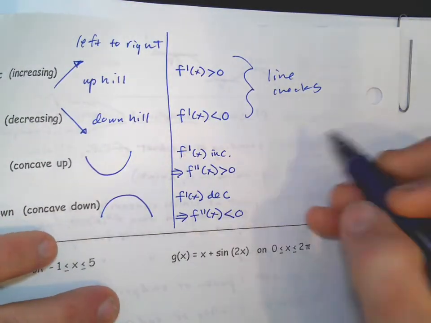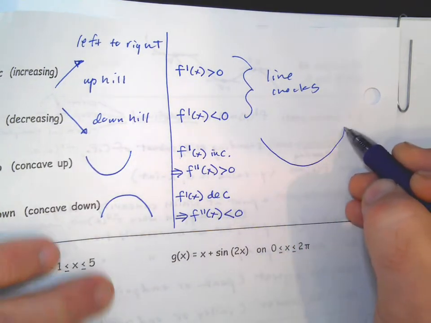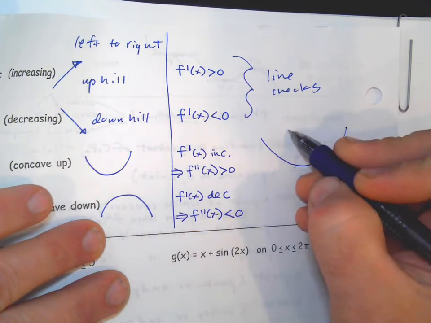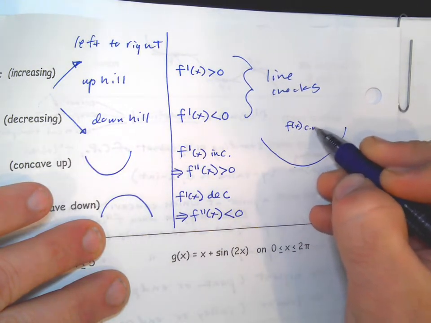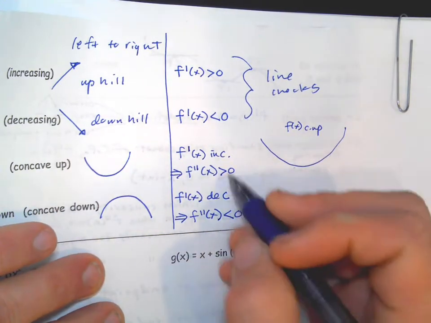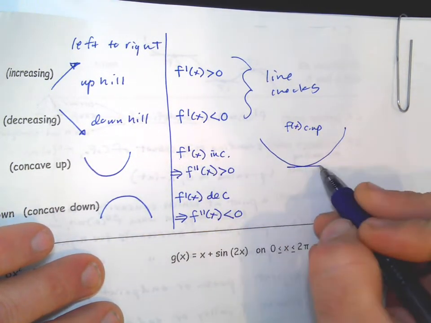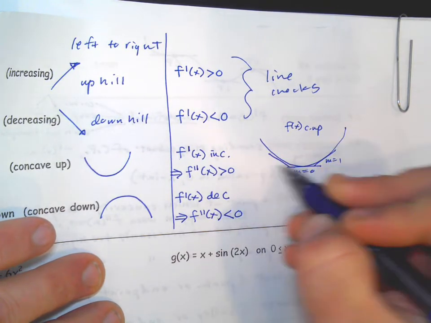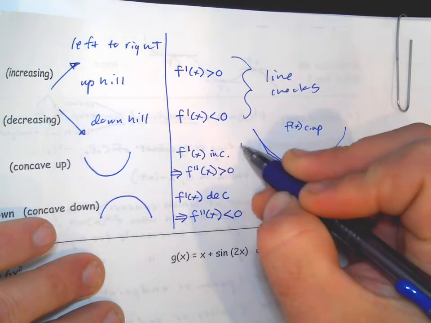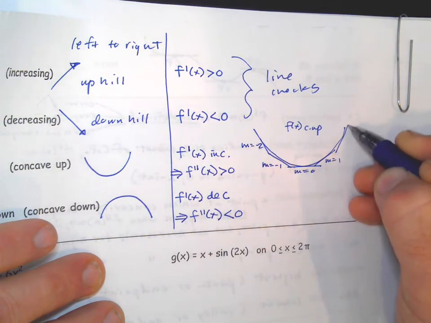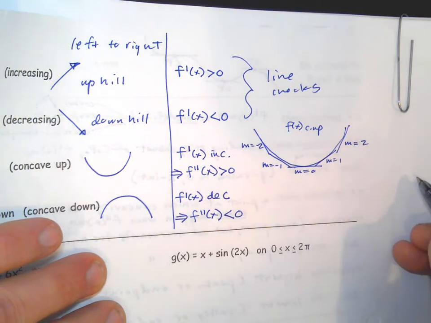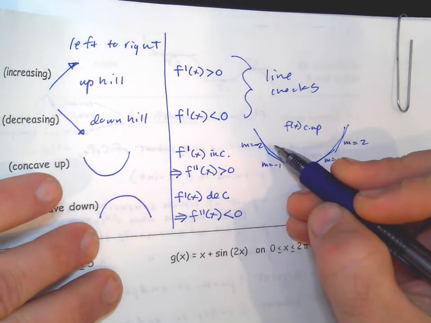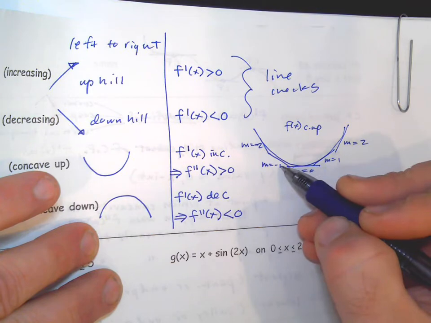Now I want to help this make sense for you. So we're going to draw a picture. Here we'll draw a generic concave up curve. For sure, this is concave up, right? But I want to connect it to the derivatives. So if we do a couple of example slopes, like the slope here is 0, slope here is 1, slope here is -1, slope here is -2, and slope here is +2. If you look at this, it goes from -2 to -1 to 0 to 1 to 2, left to right.